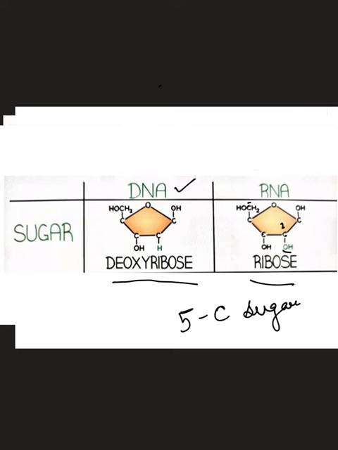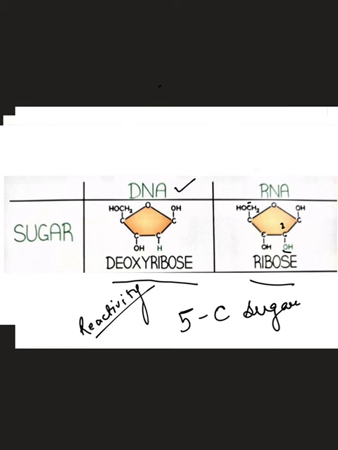Now this difference is very important as it creates one more difference, that of reactivity. Due to the deoxyribose sugar of DNA, which contains one less oxygen-containing hydroxyl group, DNA is a more stable molecule than RNA.